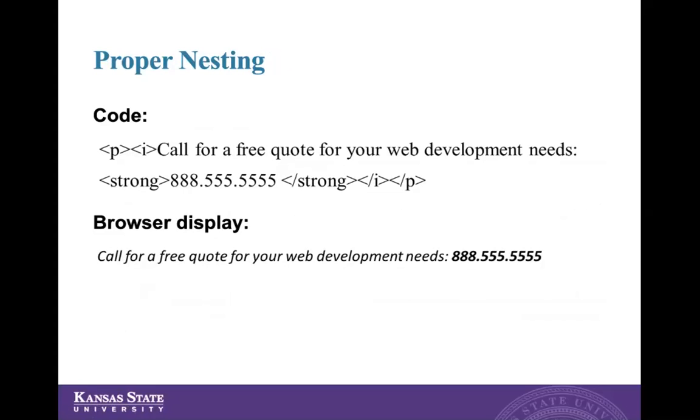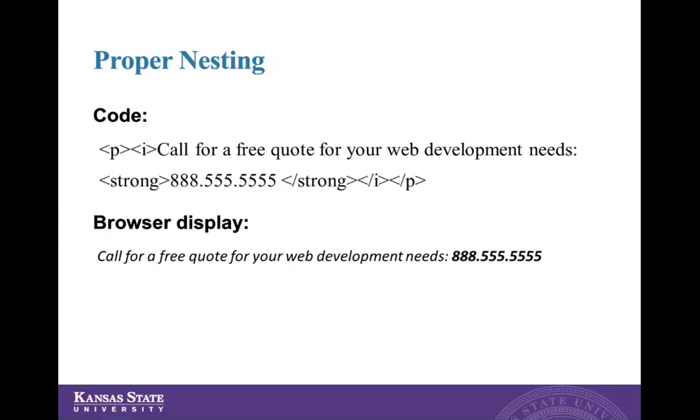So when we're doing this, though, we need to make sure that we're doing what we call proper nesting. If we wanted to have, say, something in italics, and we want a phone number that's bolded, you can see at the bottom how the browser would display that.